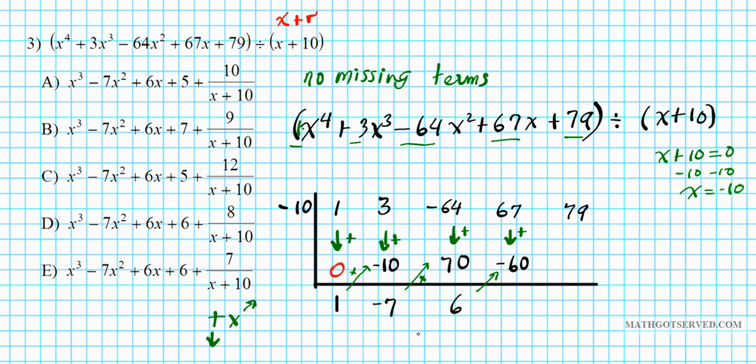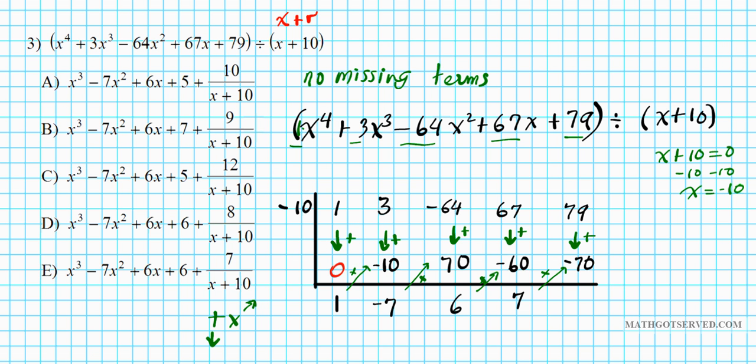Positive 67 plus negative 60 is positive 7. And then we're going to multiply across. Negative 10 times 7 and put the answer underneath 79. Negative 10 times 7 is negative 70. And then we add down.